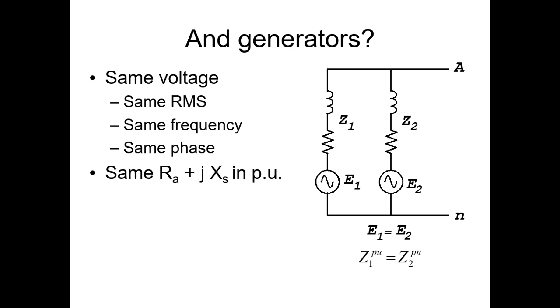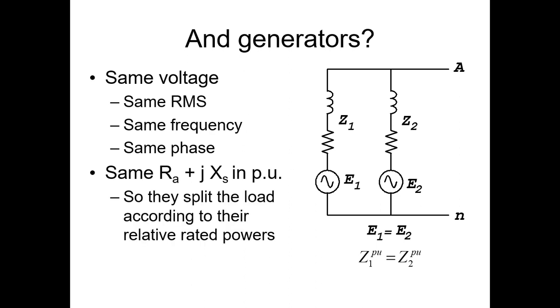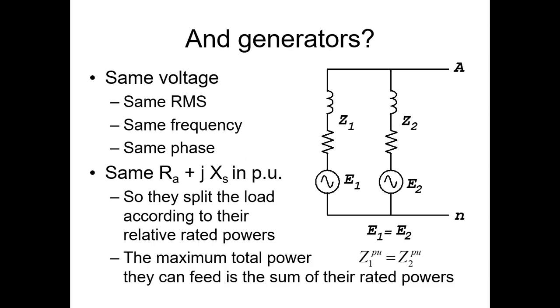Fine. In per unit, they must have the same Z as well. So they split the load according to their relative rated powers. The same deal. The maximum total power that can be fed would be then the sum of the rated power of each one of the transformers.